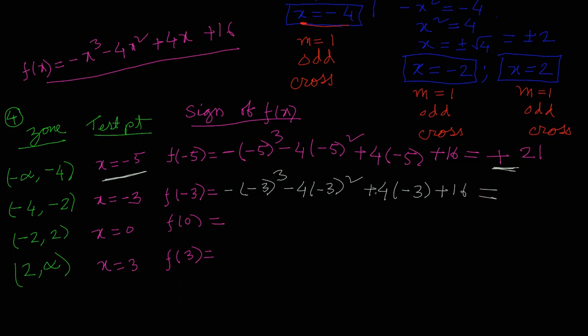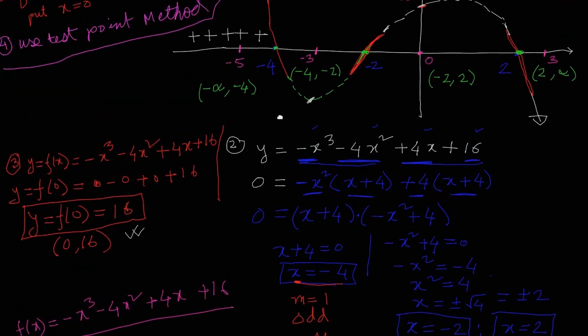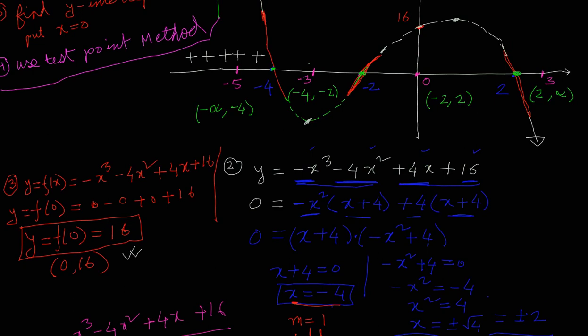If you punch all the numbers, this time I'm not going to write down the number, I'm going to write down the sign. The sign will be negative for a test point x equal to -3, and if you have chosen another, it will also be negative. So my function is negative in this zone, so my graph is below the x-axis, which is already there.